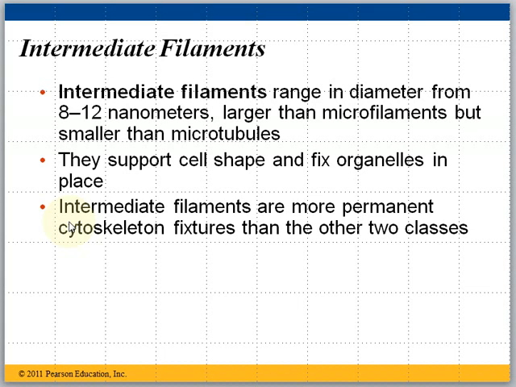The microtubules and the microfilaments, the cell will build them and break them down and move them around and build them back up again. But these intermediate filaments tend to stay in place. They tend to be anchor points for organelles and things of that nature. So they're not quite as fluid as far as the building and then tearing them down and building them back up again. Once they are put in place, they tend to stay in place.